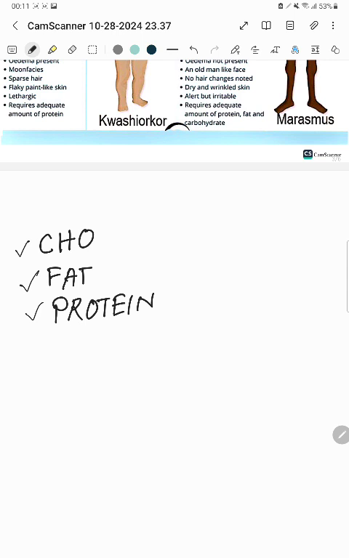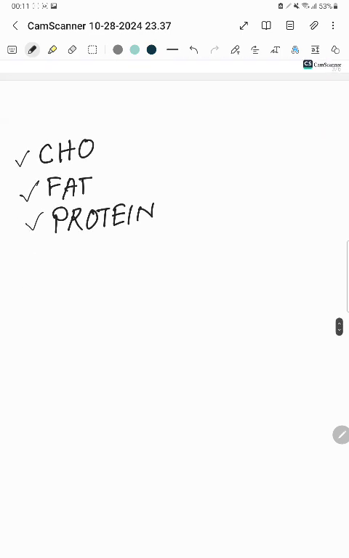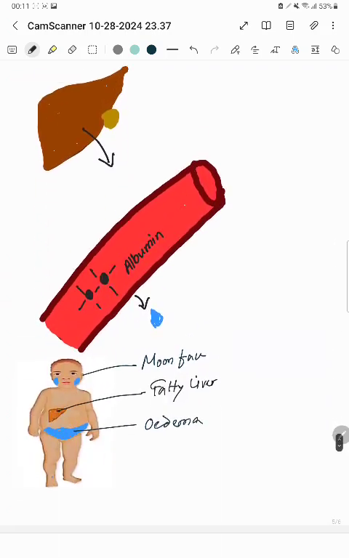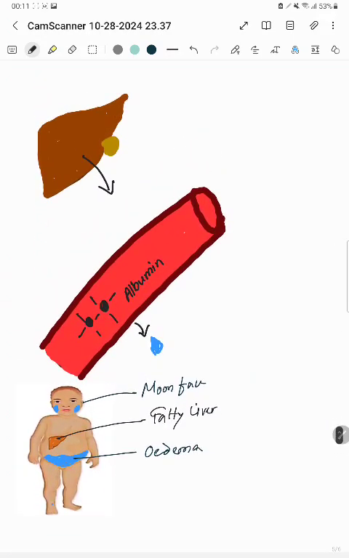Another important function of protein is to maintain the colloidal osmotic pressure in the blood vessels through albumin and globulin, mostly albumin. Here we can see albumin acting as the plasma colloidal osmotic pressure maintainer, and albumin comes from the liver.